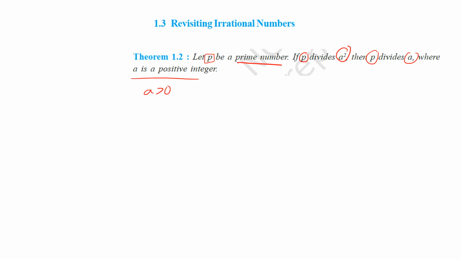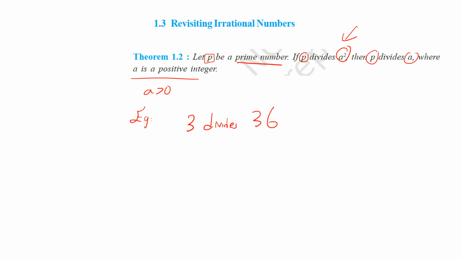Okay. So let me give you an example. Let's take a prime number, let's take 3. 3 is a prime number. Now let me take a perfect square, let's say 36. So 3 divides 36. Correct?